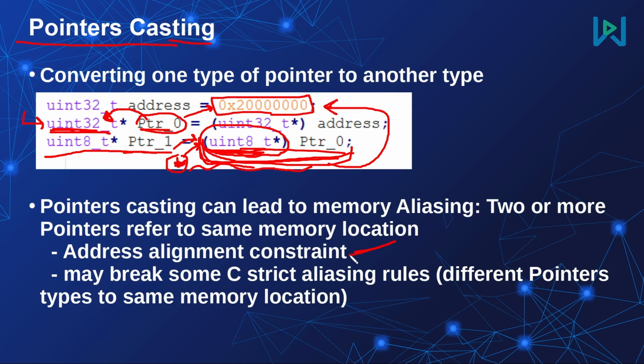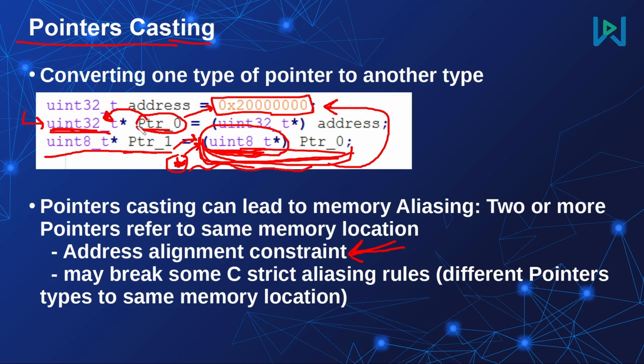For example, you need to make sure that you don't violate the address alignment restriction within your hardware. Some hardware may accept aligned access only, and some hardware may accept aligned and unaligned access as well.